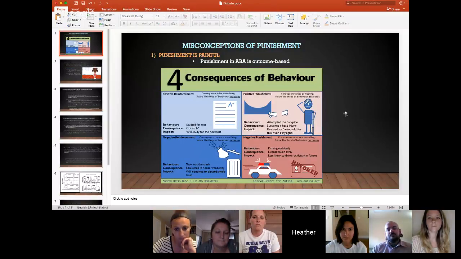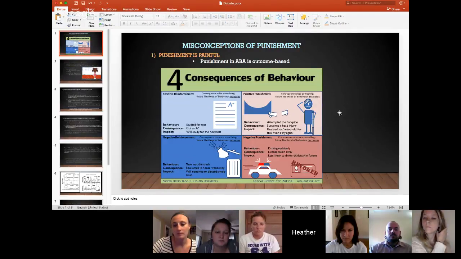If we take a look at the 4 consequences of behavior in this diagram, some examples of punishment in relation to reinforcement are listed. So positive reinforcement, as said before, is a consequence that adds something to increase the future likelihood of behavior. So for example, if you studied for a test and you got an A, it's more likely that you will study for the next test so that you would get an A as well.